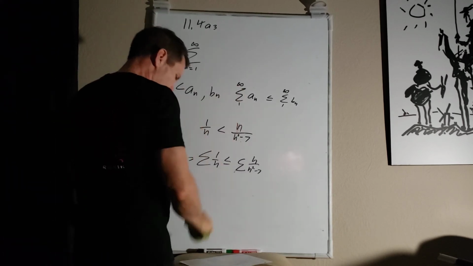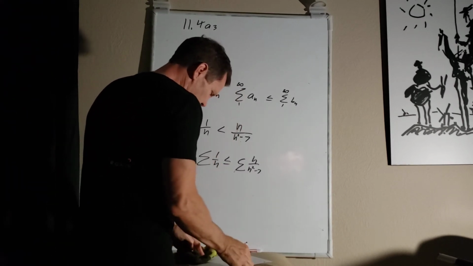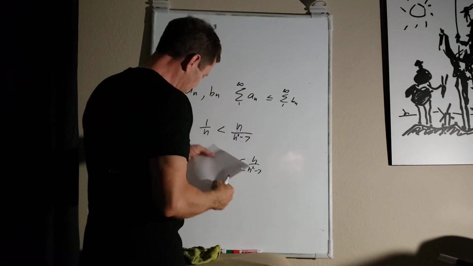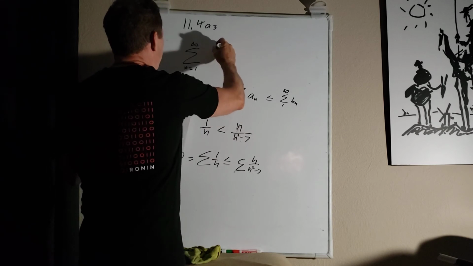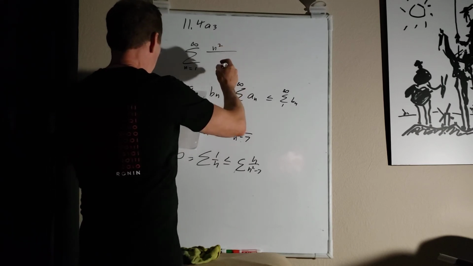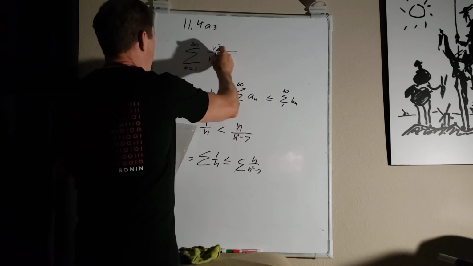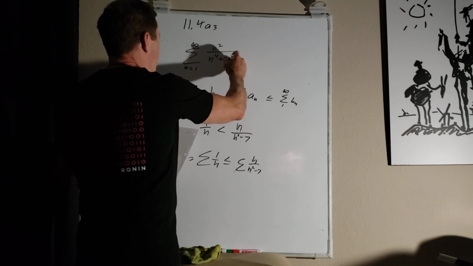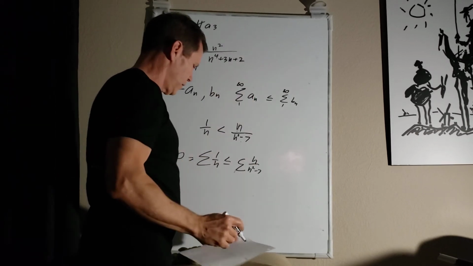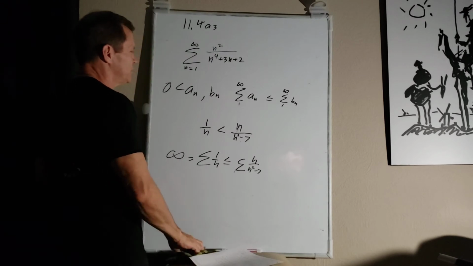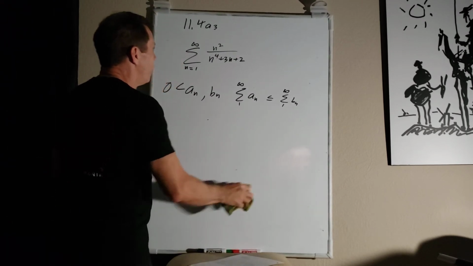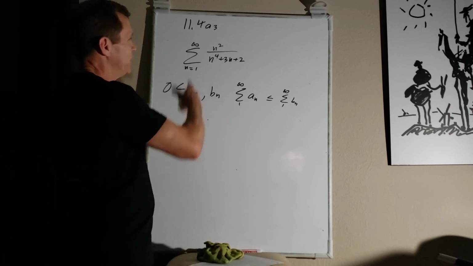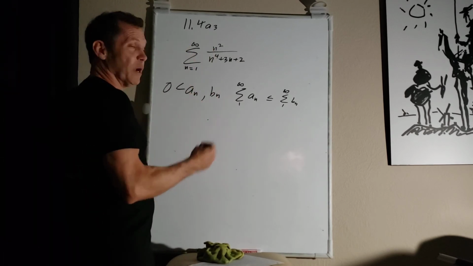Same thing, let's put n squared over n to the 4th plus 3n plus 2. Looking at that one, what kind of series do you think you would compare it to? Let's look at how big the top is. Top's a 2. How big's the bottom? Bottom's a 4.